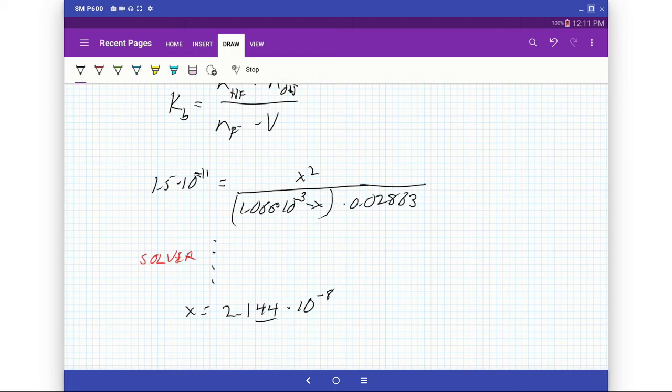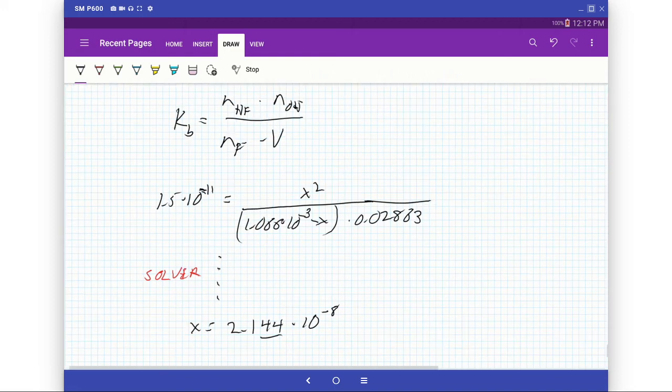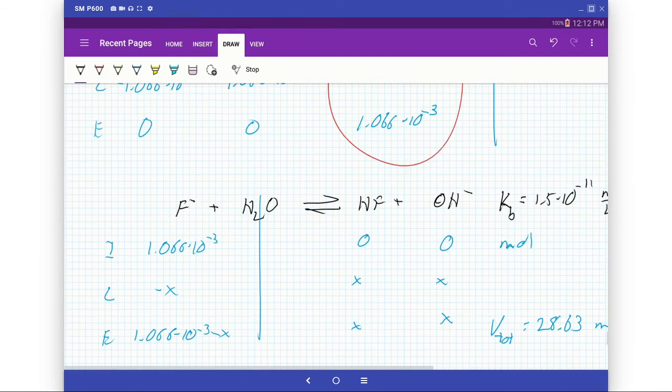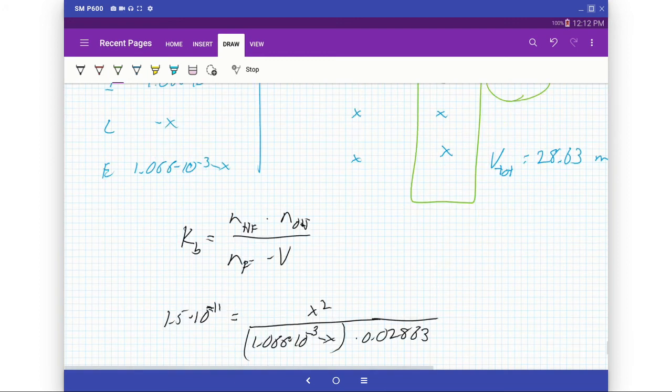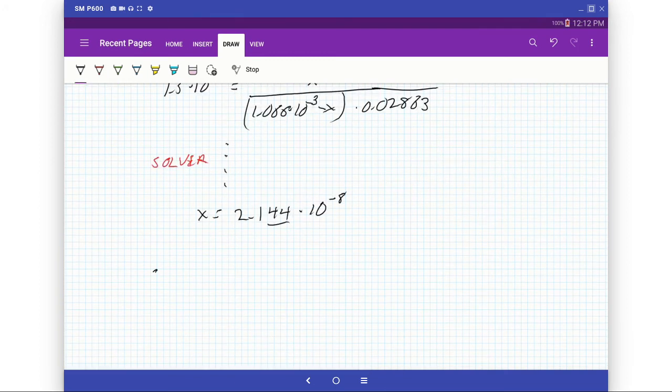If I go back up to my ice table, x is the moles of hydroxide. So if I have the moles of hydroxide, I can calculate the hydroxide concentration.